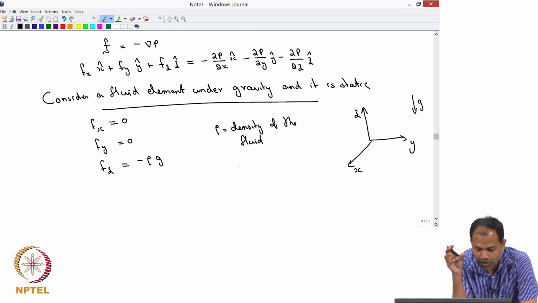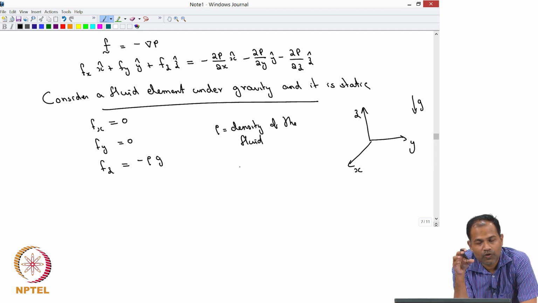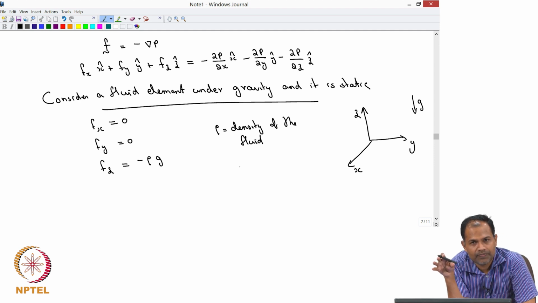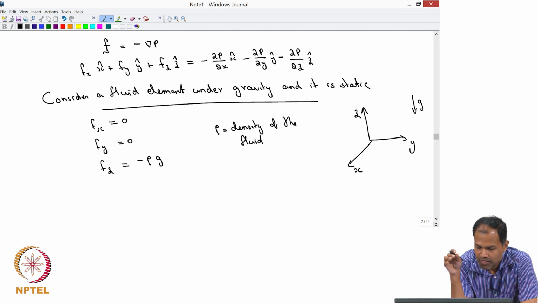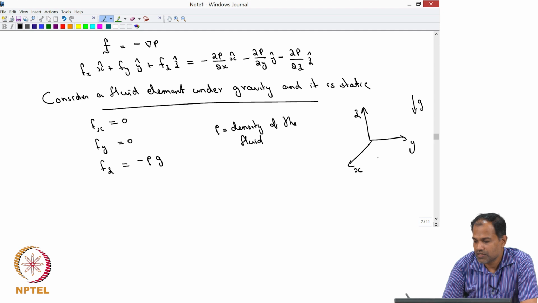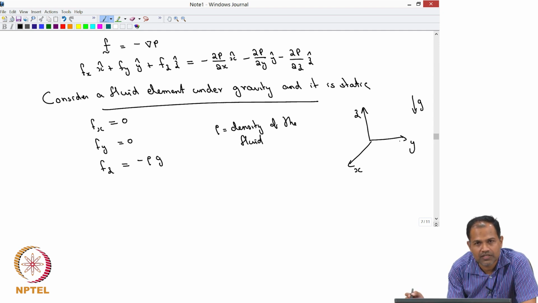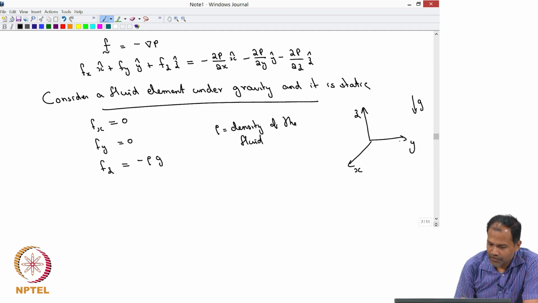We are talking about force per unit volume, and that is just going to be rho g. And I have given the minus sign because the minus sign tells you that it is actually acting in the minus z direction, because this is the coordinate system that we have chosen.